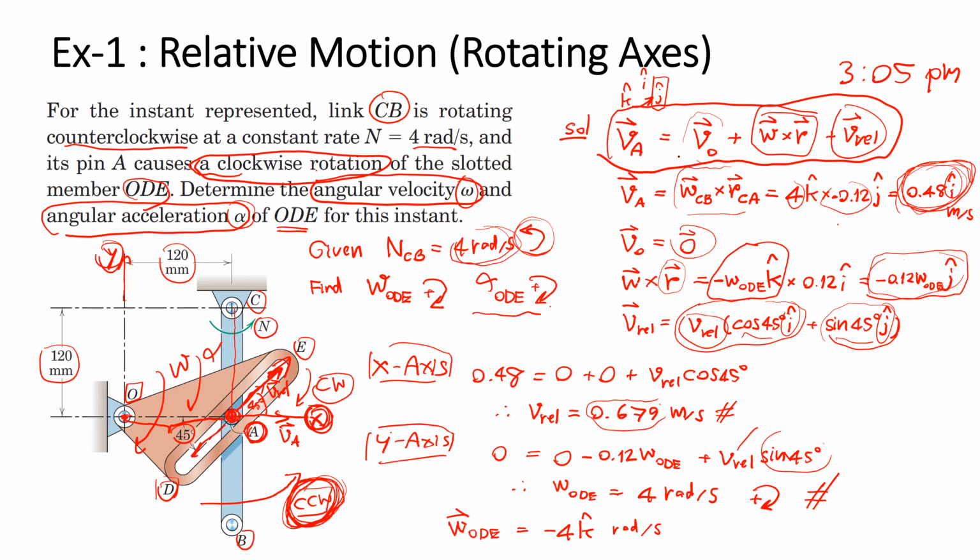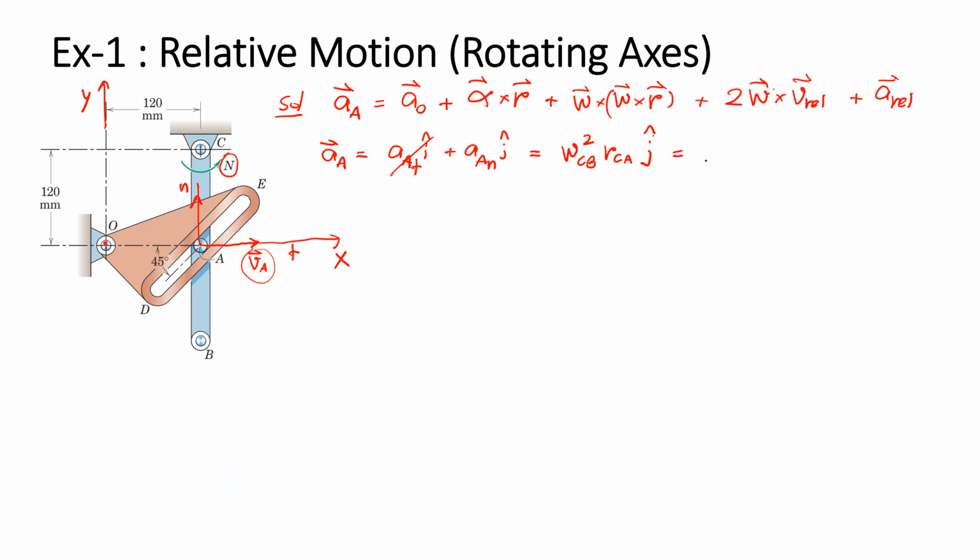So omega CB is 4, and the radius from C to A is 0.12 meter. The numerical value is 1.92. This is the acceleration of point A that we obtain from the information of the rotation of the link CB.